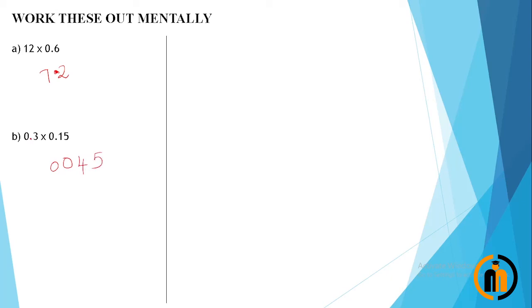There is one decimal place in the first number and here there are two decimal places. So which means what will be the answer? It starts with 0 and the decimal point comes here. So similarly, we can complete the rest of the questions.